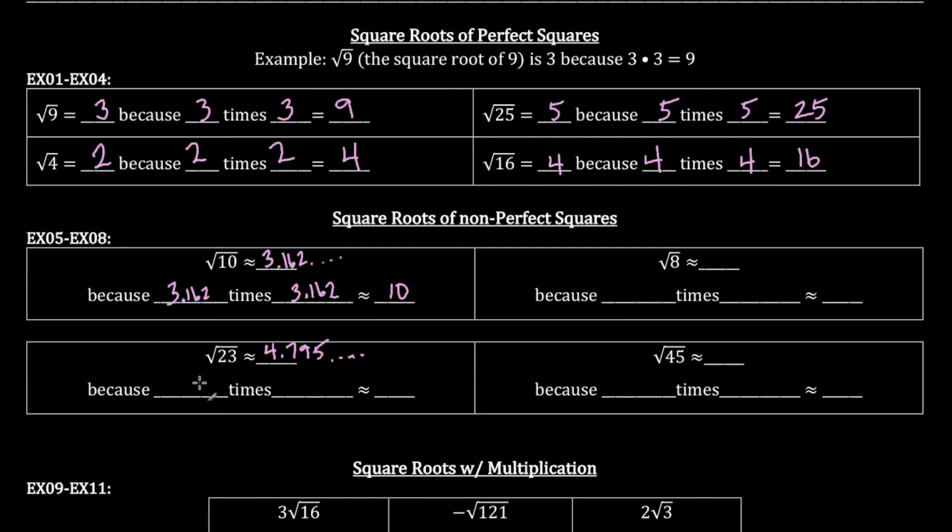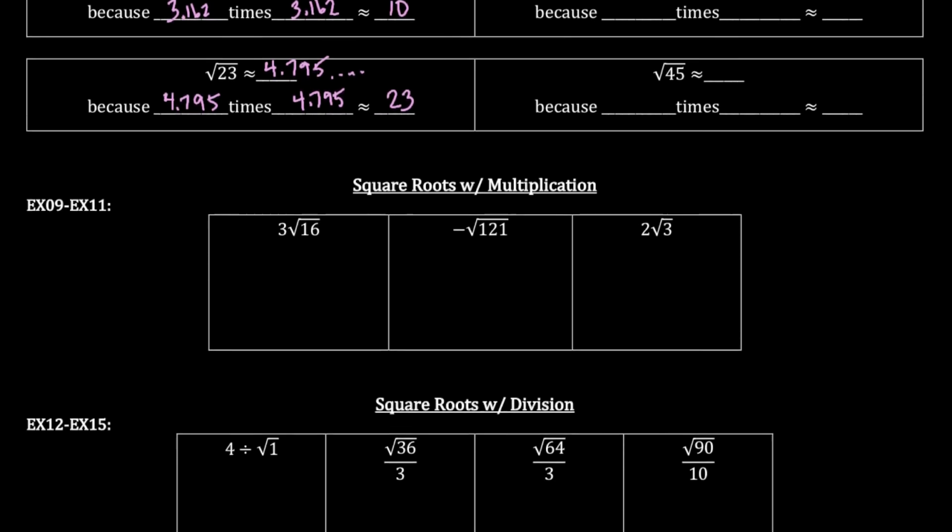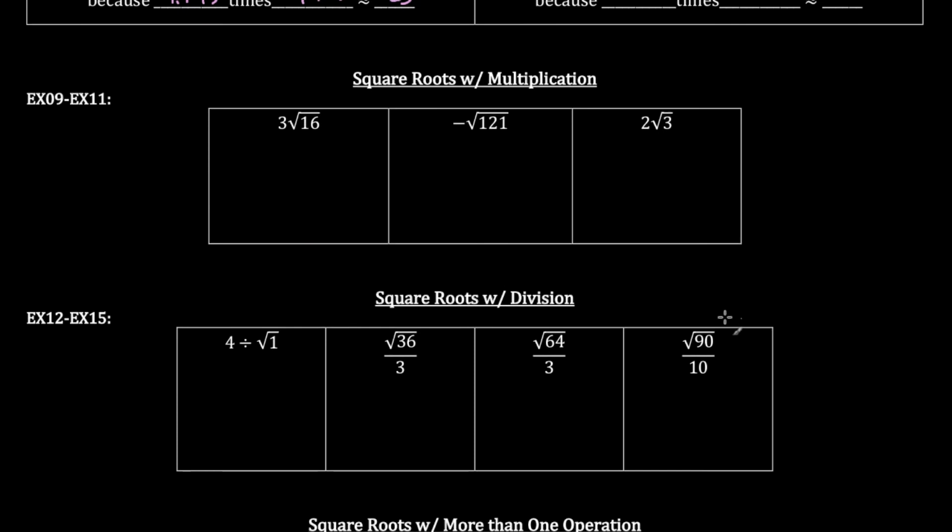But let's not round it because those dots mean it keeps going on forever. Because 4.795 times 4.795 is approximately 23. Okay, so let's go to the rest of these examples.